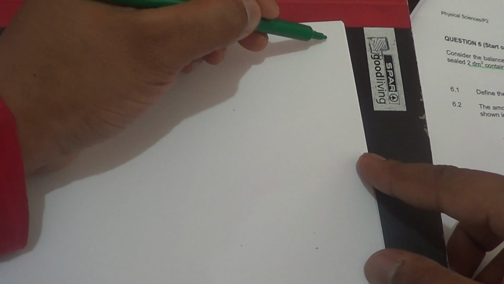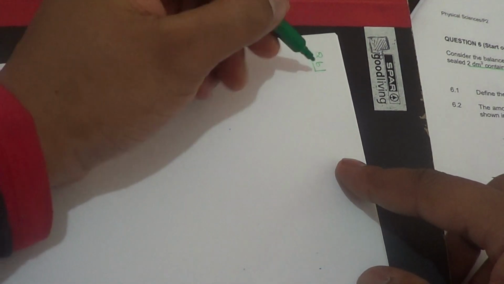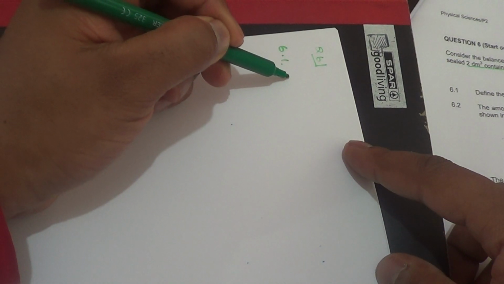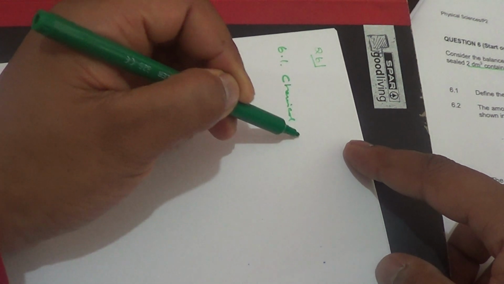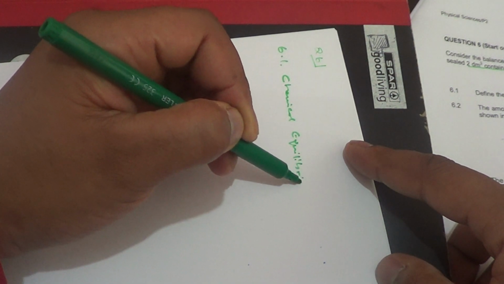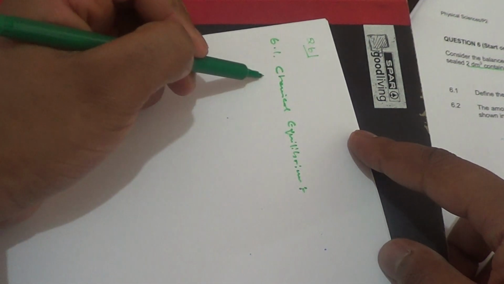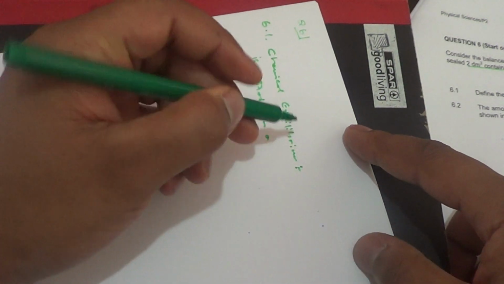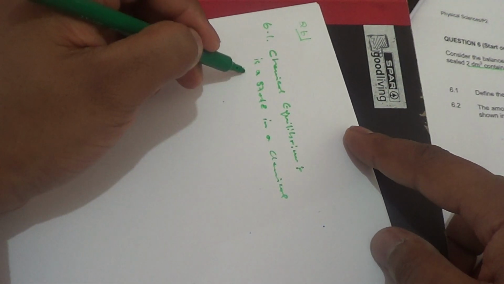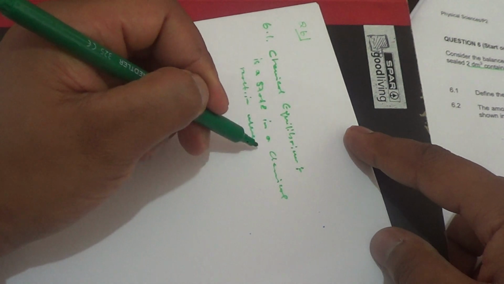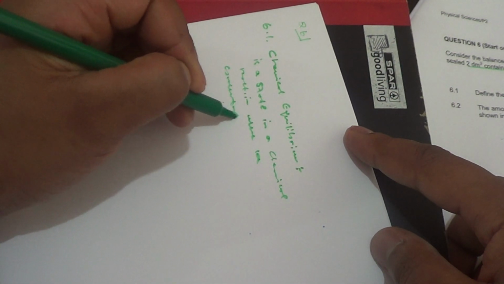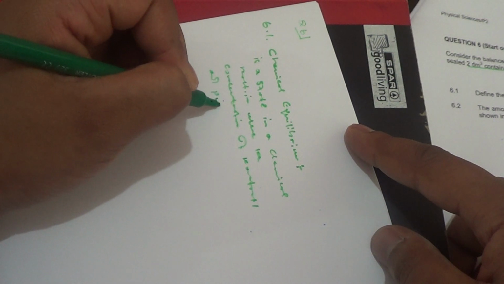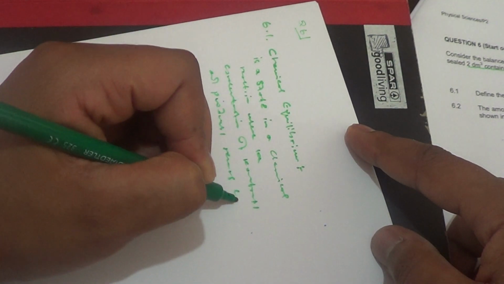So here you don't need to cram, you just need to know these things. 6.1 says chemical equilibrium. Chemical equilibrium is a state in a chemical reaction where the concentration of reactants and products remains constant.